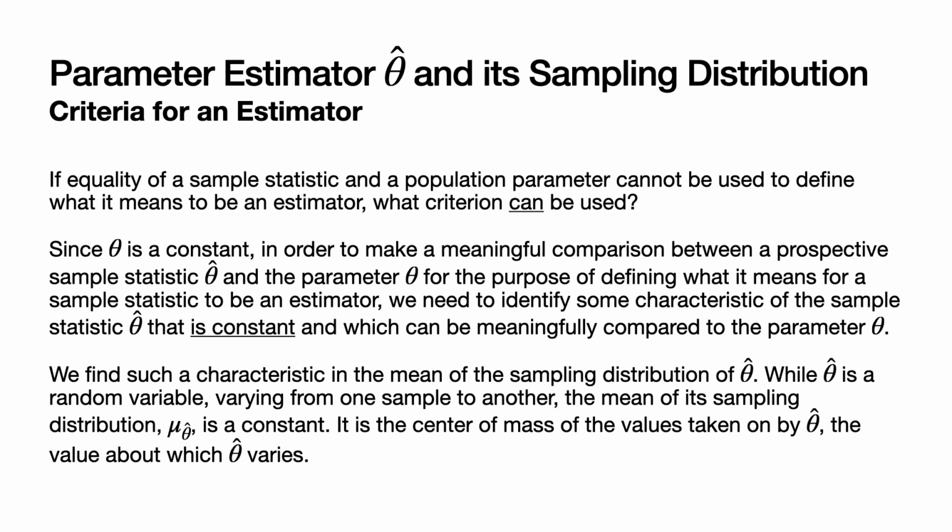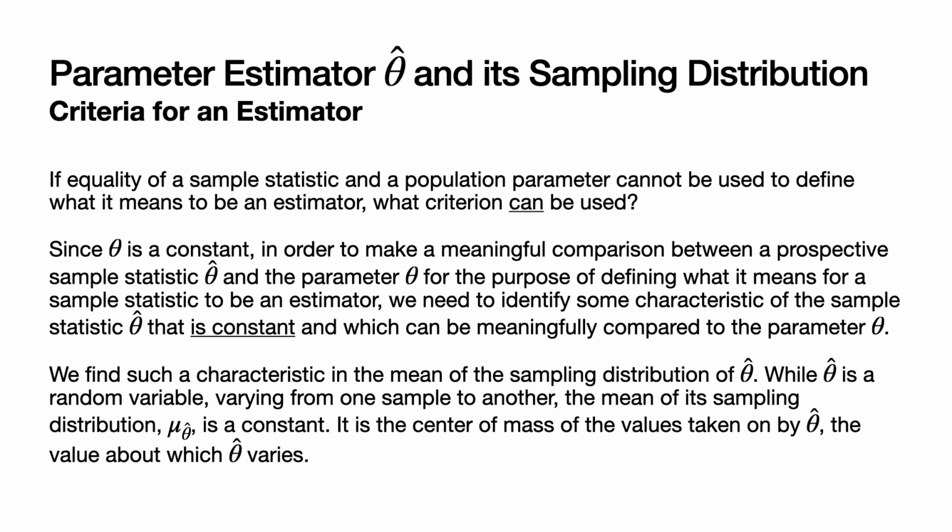Since theta is a constant, in order to make a meaningful comparison between a prospective sample statistic theta hat and the parameter theta for the purpose of defining what it means for a sample statistic to be an estimator, we need to identify some characteristic of the sample statistic theta hat that is constant and which can be meaningfully compared to the parameter theta. We find such a characteristic in the mean of the sampling distribution of theta hat.